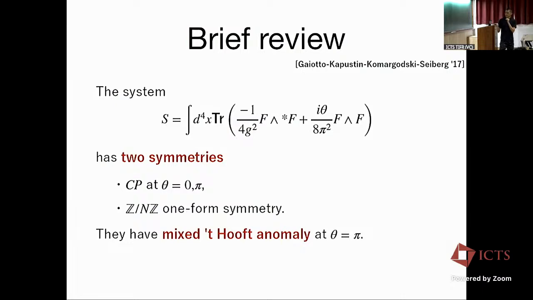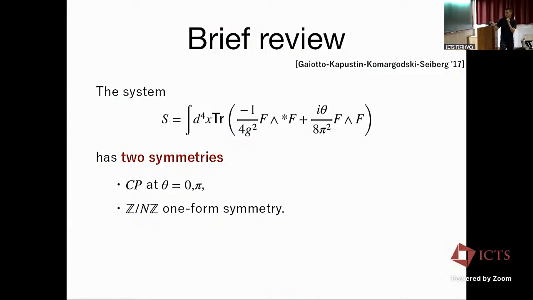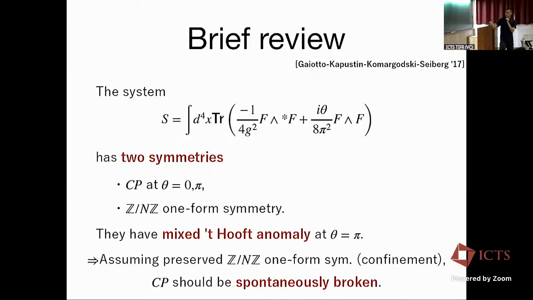And then if there's an anomaly, then we cannot have a trivial gapped phase. So if we go back, all symmetry cannot be here. So one symmetry should be spontaneously broken. And then assuming the confinement, and this means the preserved one-form symmetry, the other symmetry, namely CP symmetry, should be spontaneously broken. This was their argument.